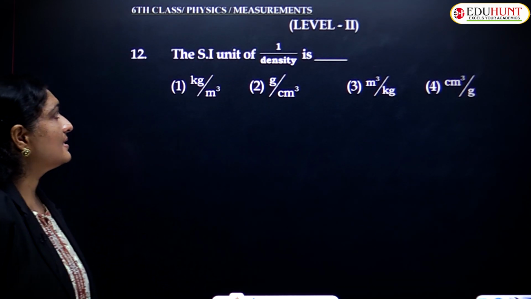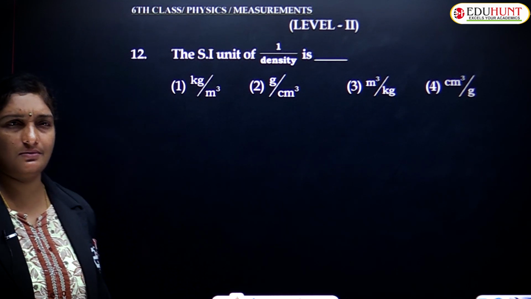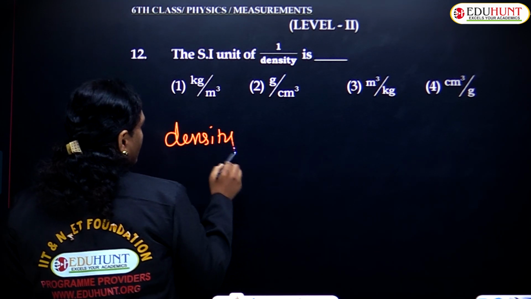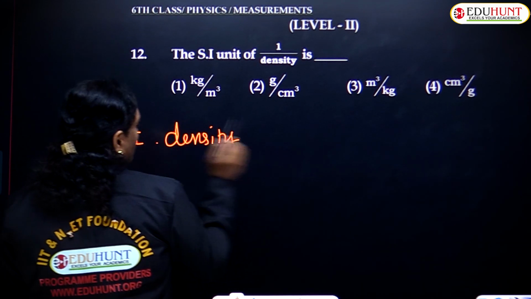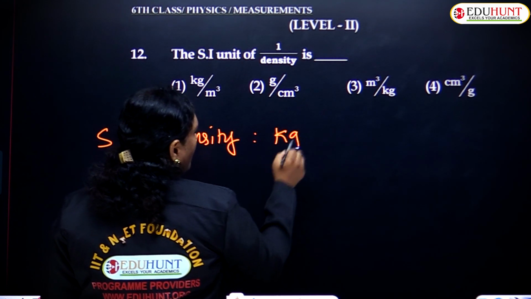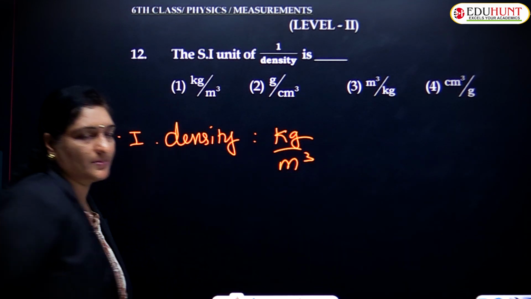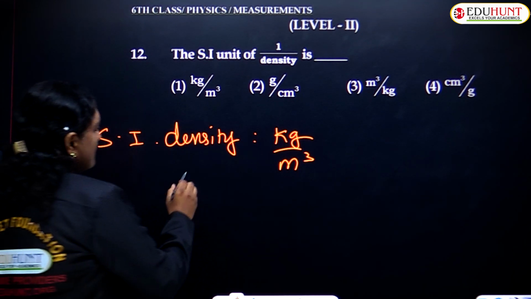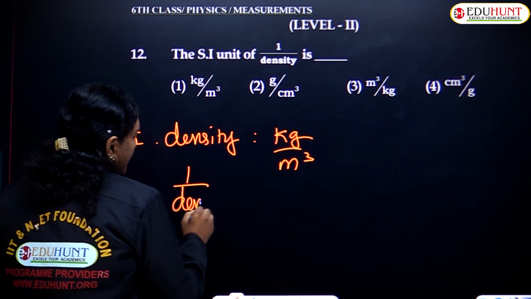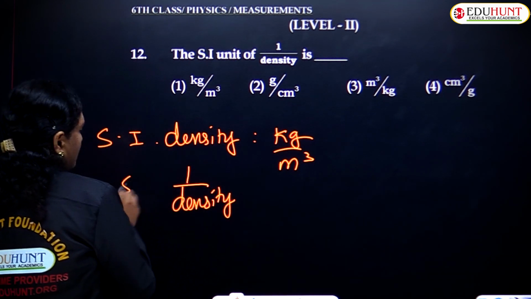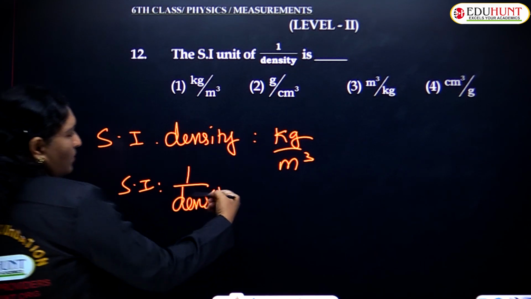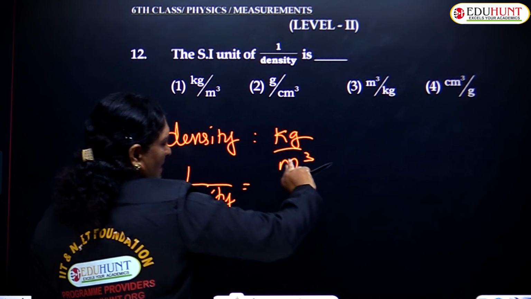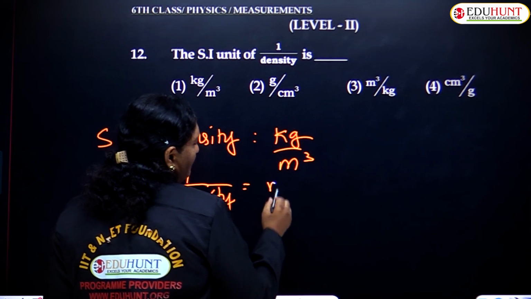Moving ahead, the SI unit of 1 by density is, what is this children? I told you the SI unit for density is kg per meter cube, isn't it? But here you are asked to find the SI unit for the reciprocal of density. 1 by density means 1 by kg per meter cube.